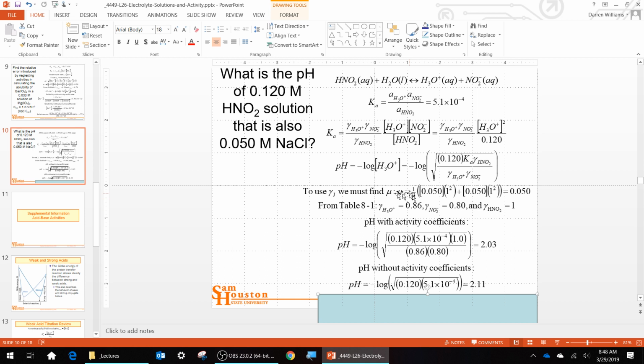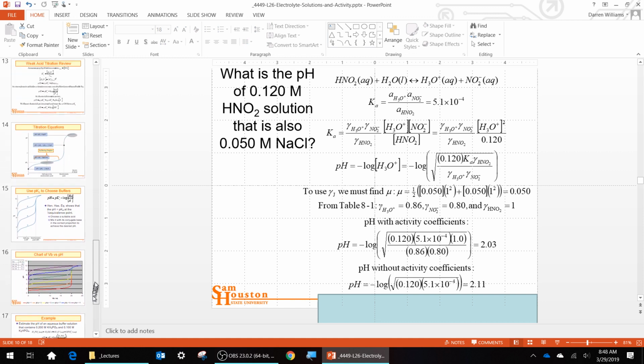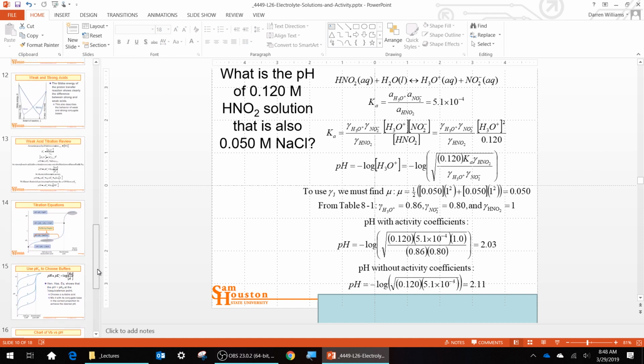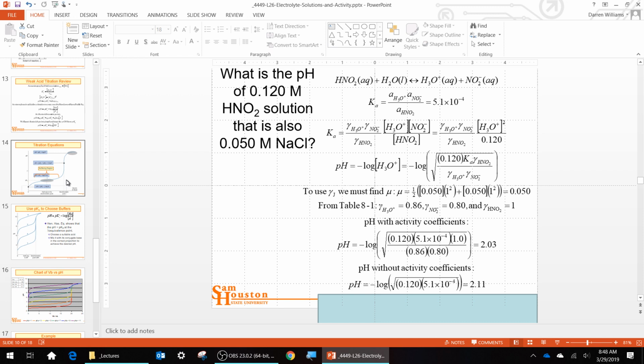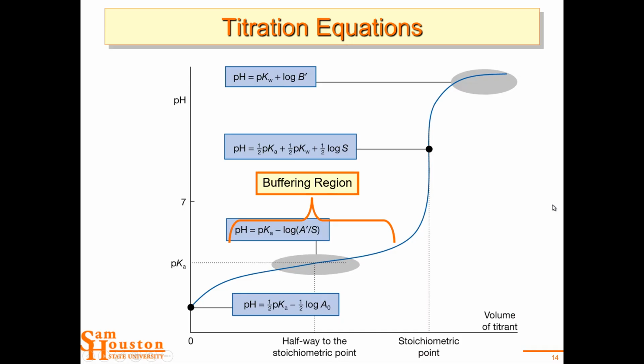And let me just show you one more that's kind of funny. We get to buffering. So the supplemental material talks about sort of the Henderson-Hasselbalch equation and the buffering region. So here's pKa. And so if we just did an example with activity coefficients and talking about changes in pH, here's the stoichiometric point, and halfway to that endpoint would be the buffering region.